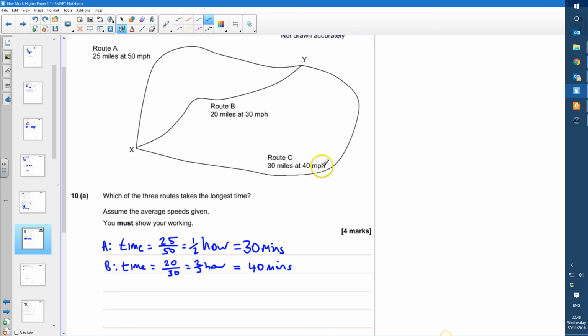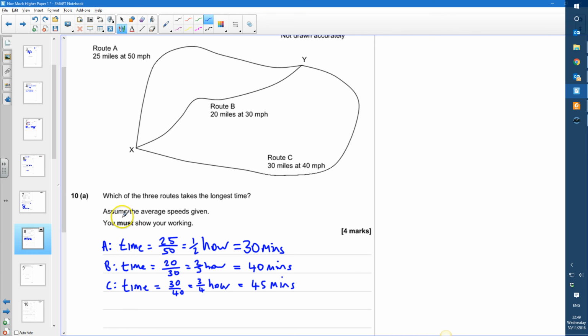Okay, and then for route C, our time is going to be equal to 30 over 40, which is equal to 3/4 of an hour, and 1/4 of an hour is 15 minutes, so 3/4 of an hour is going to be 45 minutes.